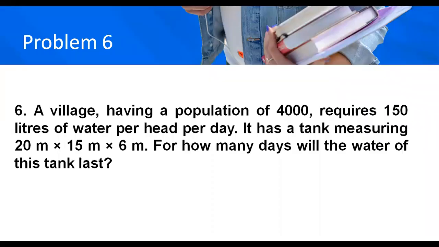Coming to the sixth problem, a village is having a population of 4,000 and requires 150 liters of water per head per day. It has a tank measuring 20 meters into 15 meters into 6 meters. For how many days will the water of this tank last?